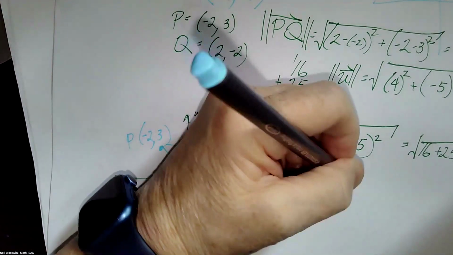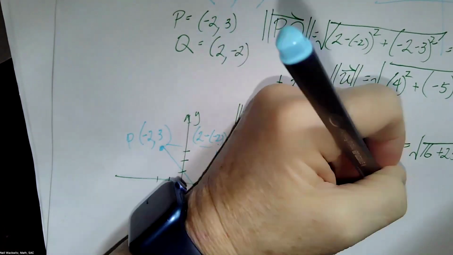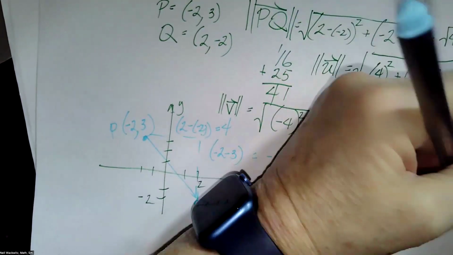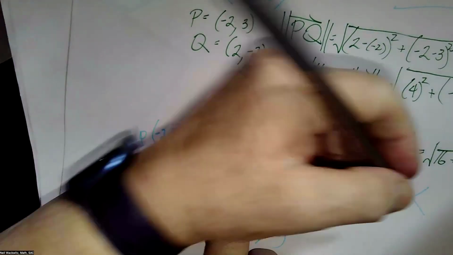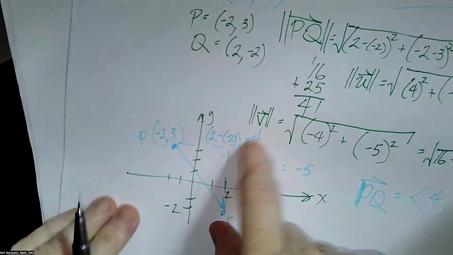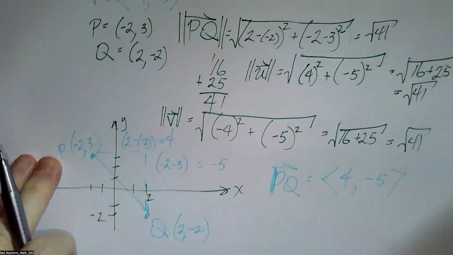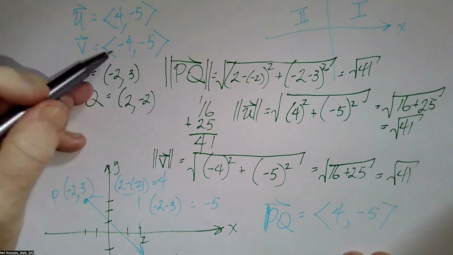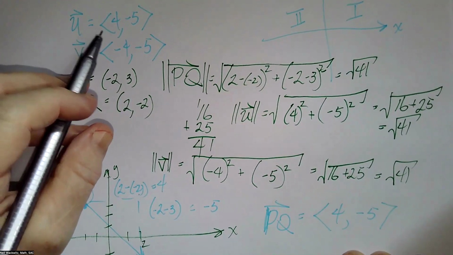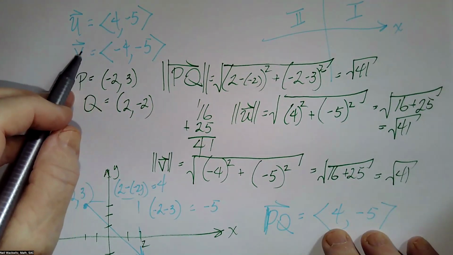That means that PQ is equivalent to 4, -5. And now we can easily compare the three vectors. So u was 4, -5. 4, -5 is also PQ.